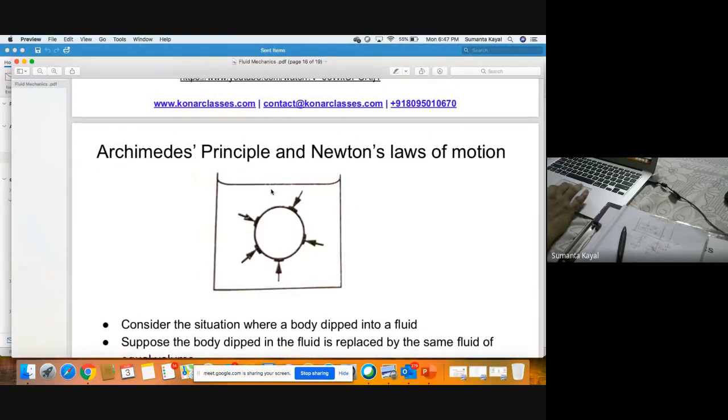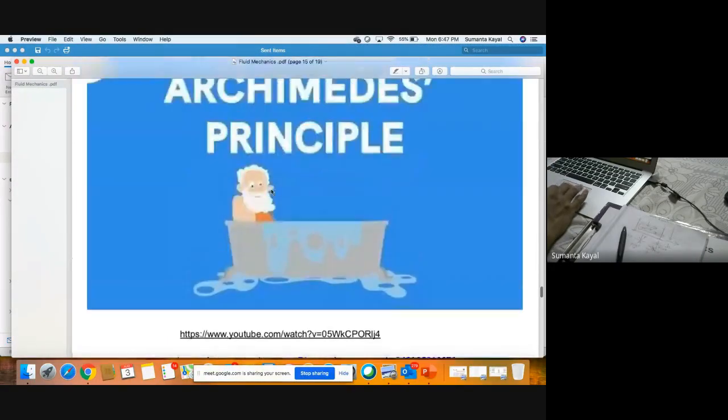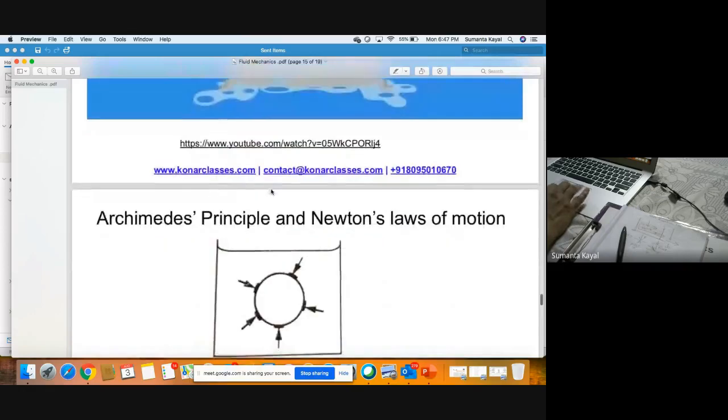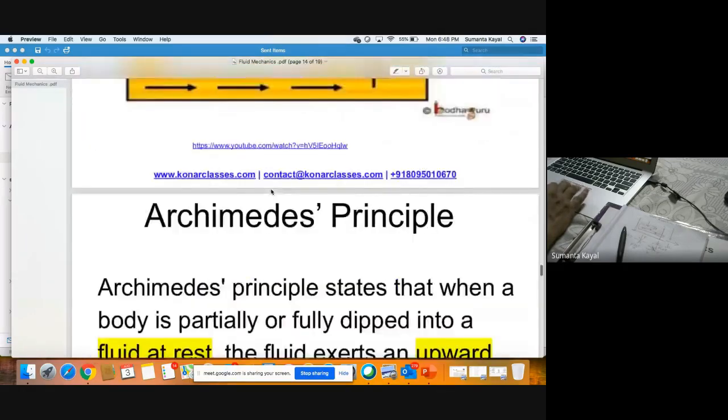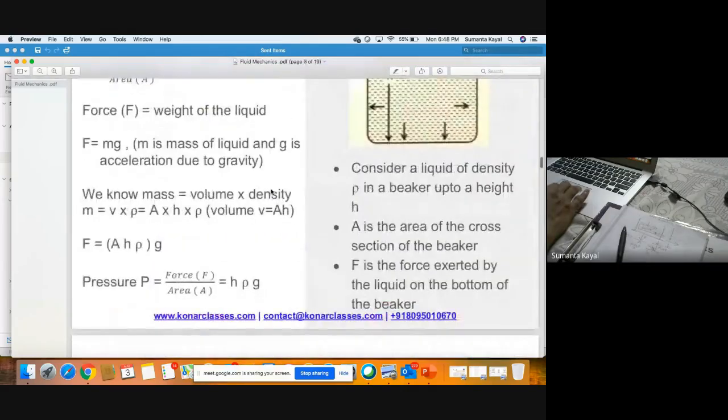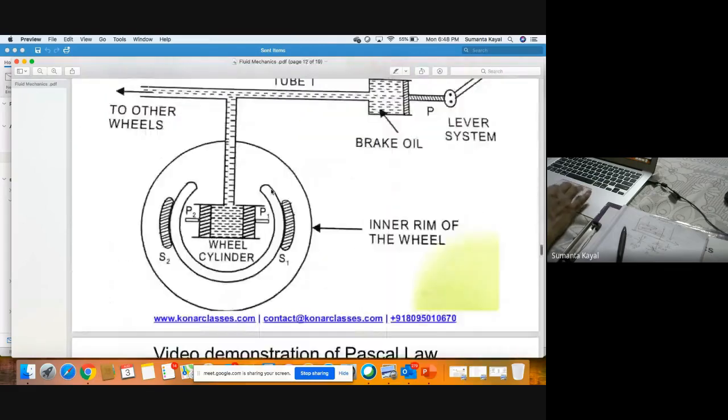So this is the conclusion. I hope you understood Archimedes law. I'll take a few minutes here and come to the main conclusion of this.